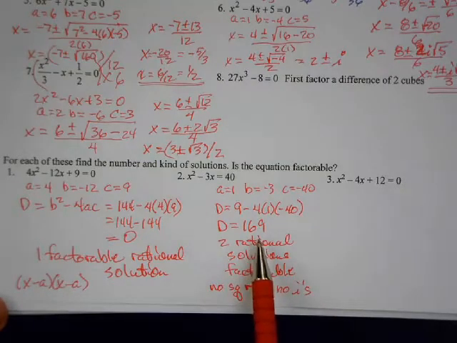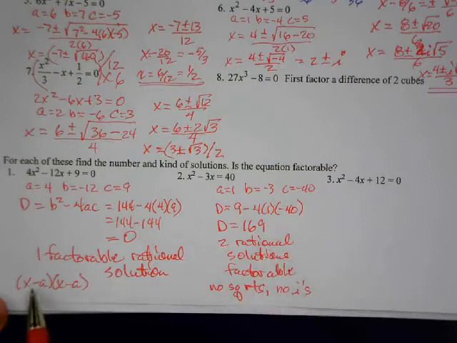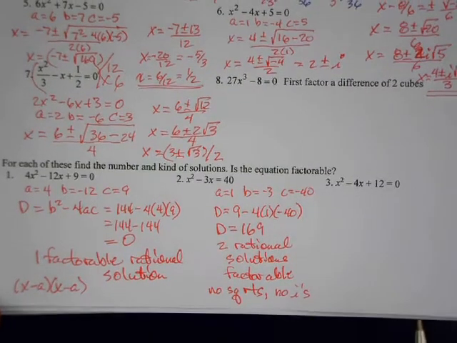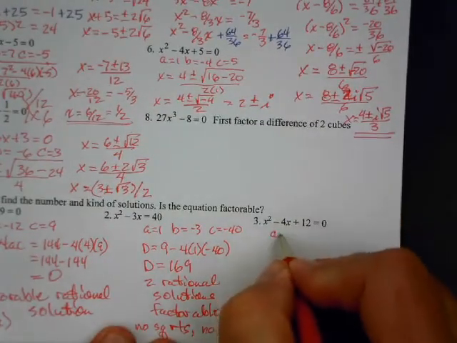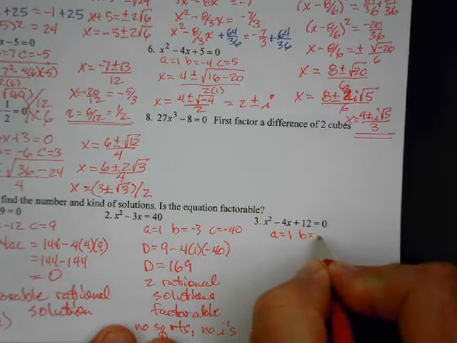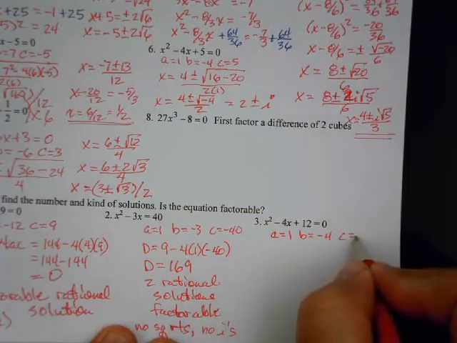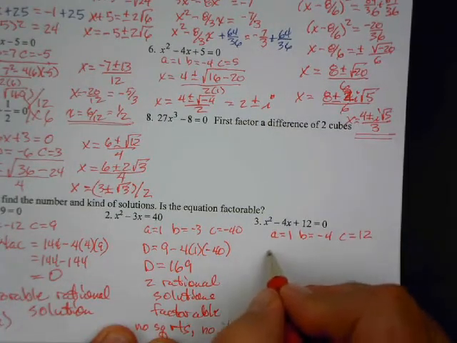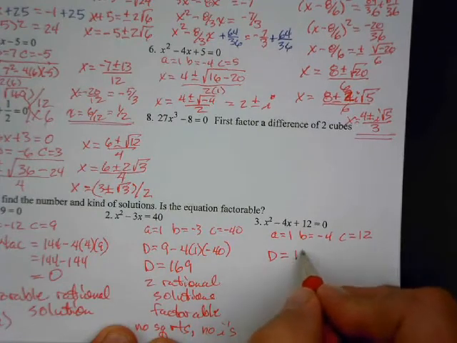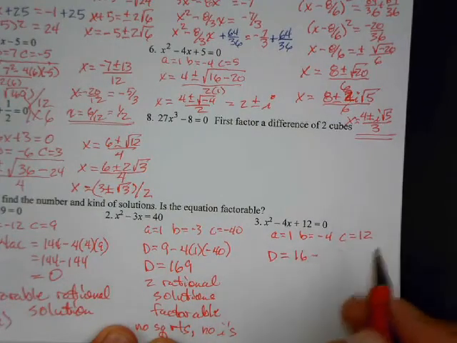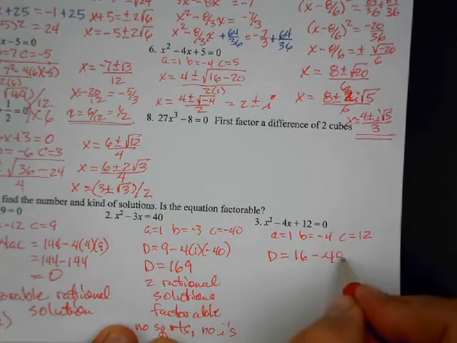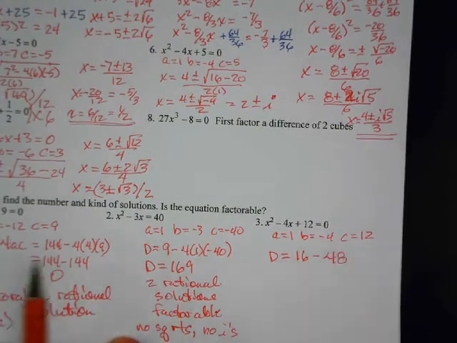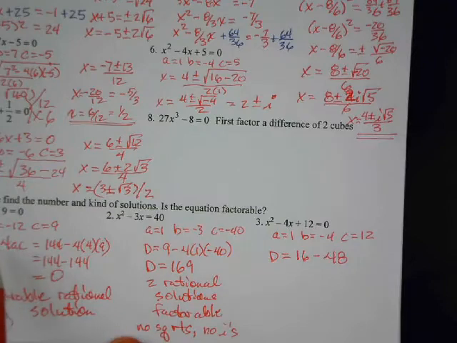All right, our last one, a is 1, b is -4, c is 12. So our d will equal 16 subtract 4 times 1 times 12. Again, b squared minus 4ac. So 4 times 1 times 12 is 48.